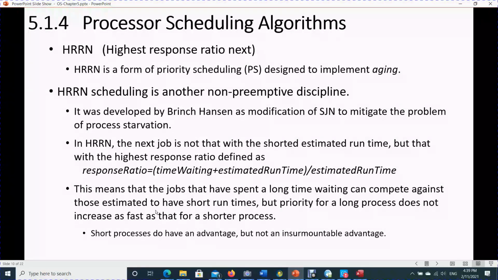The long process does not start with a high priority, but it increases as time passes, not as fast as the priority increases for shorter processes, but it increases. Short processes have an advantage, but eventually the longer process, if it waits long enough, will get a high priority and get assigned a processor.